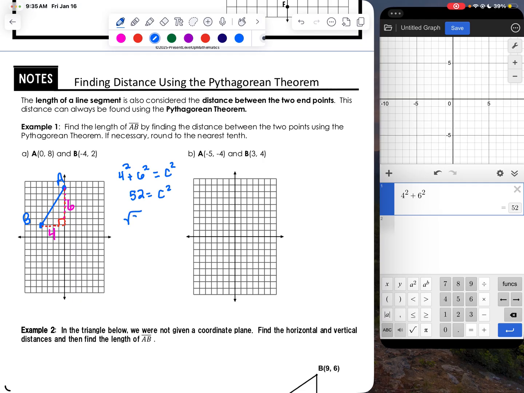And then we'll take the square root of both sides. So the square root of 52 is 7.2 if we round. So that's the approximate length of this line segment. I'll come back over here and label it 7.2. Remember, your hypotenuse should always be your largest side. So if you get a number that's smaller, you did something wrong.